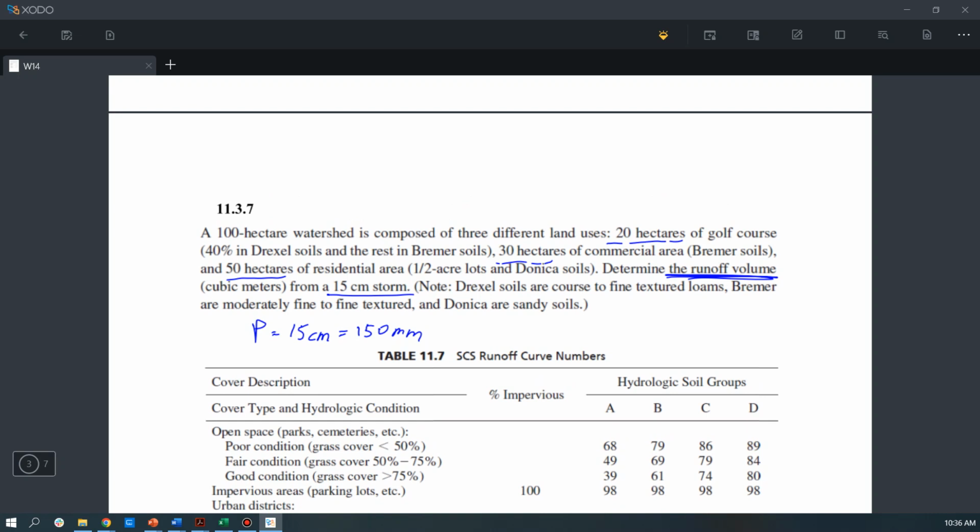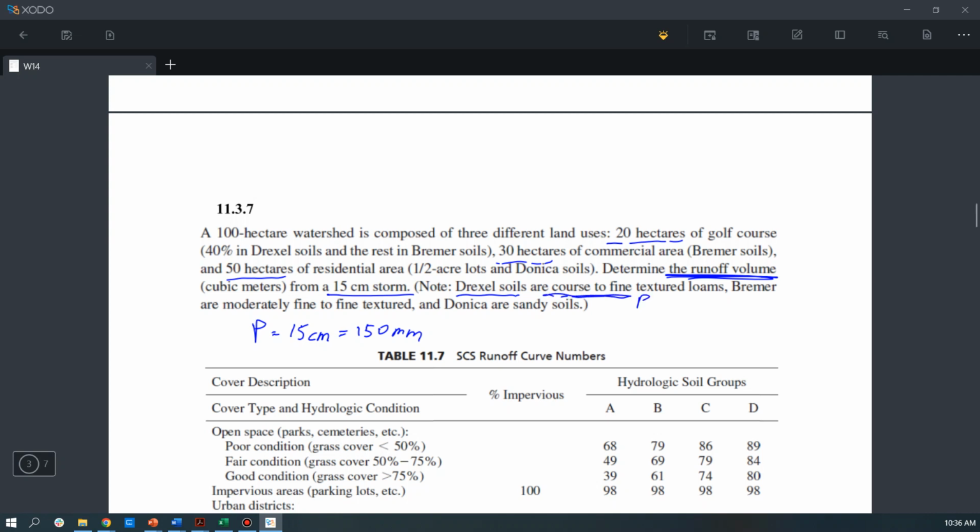So let's first identify the soil group for this different soil type. This Trixo soil, according to this description, is coarse to fine texture.